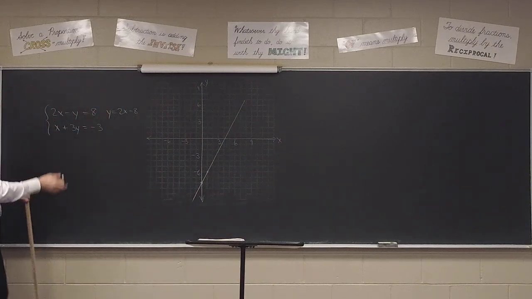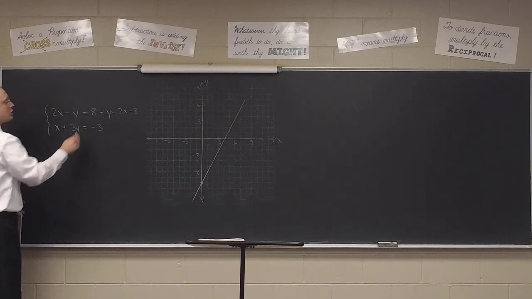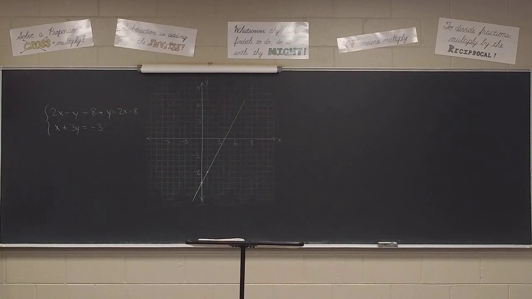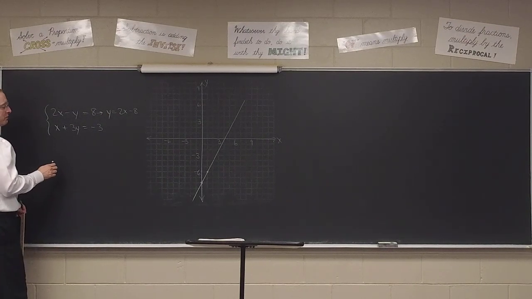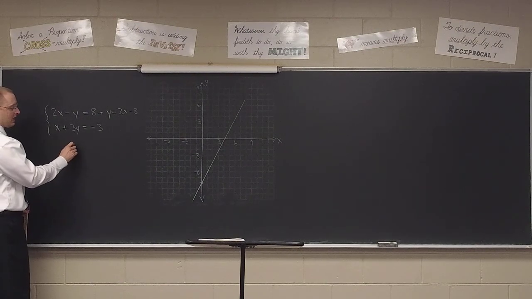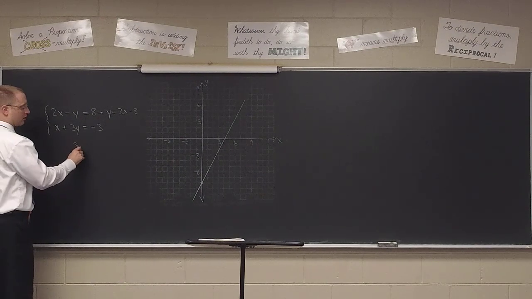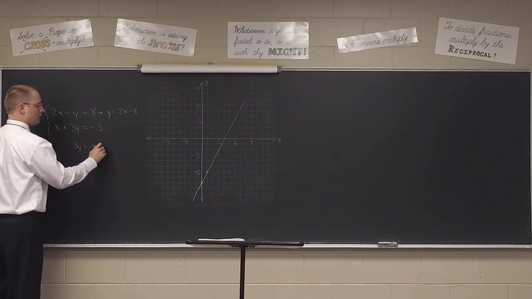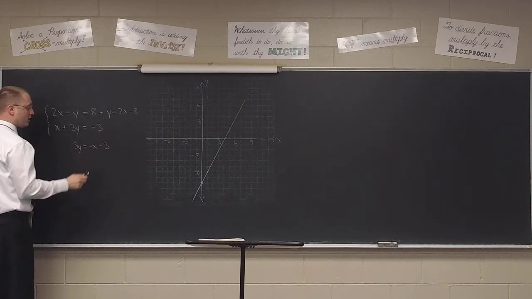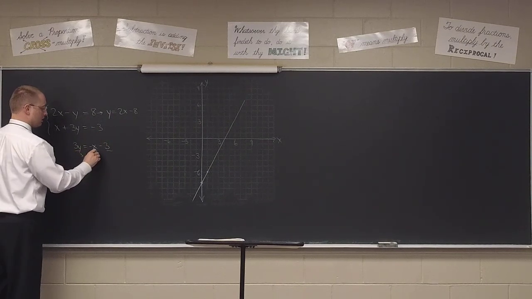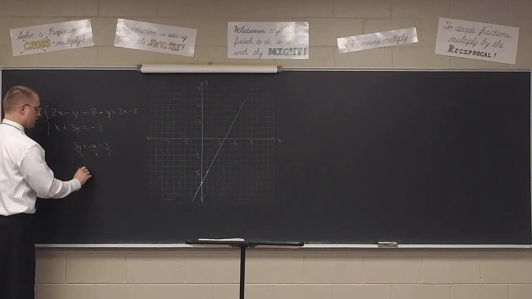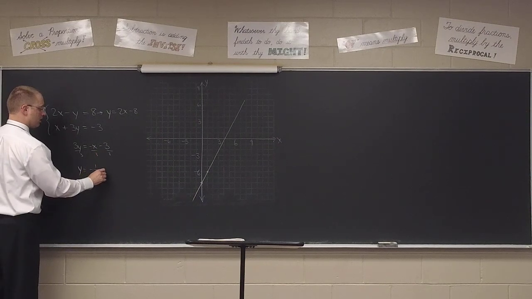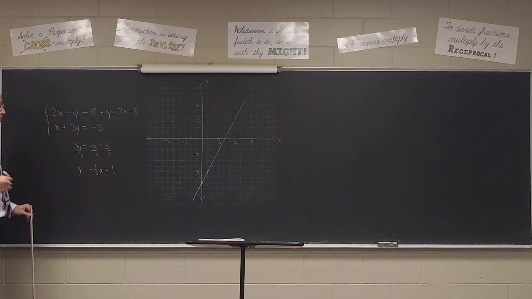All right, then for the second equation, do we want to go intercepts or slope-intercept form? All right, it's going to take 2 steps to do it. The first step is to move x over to get 3y equals negative x minus 3, and then divide to get y. Good. And so we're going to plot our y-intercept.